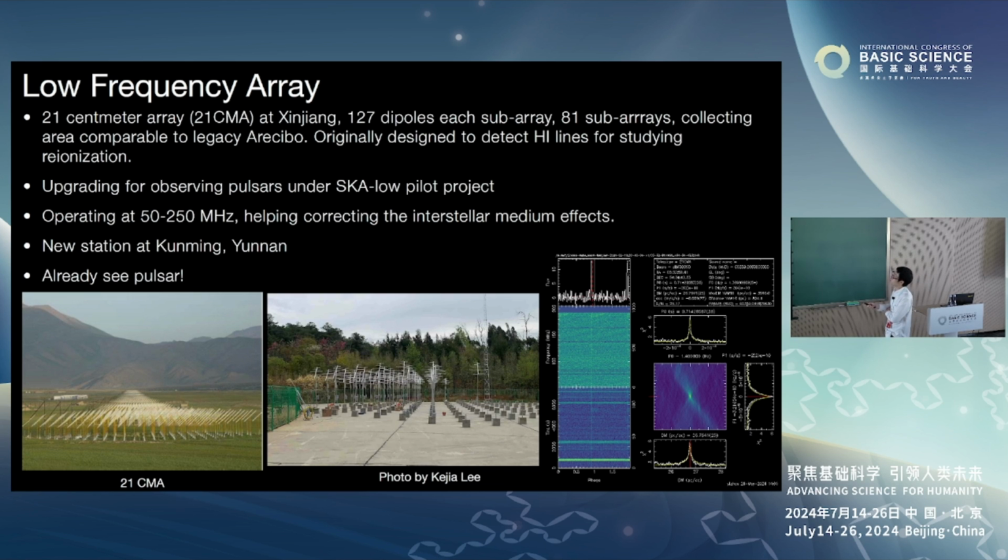This array was originally built for detecting hydrogen from high redshift to study reionization. Within the SKA Low pilot project, we are upgrading it to make it capable of observing and timing pulsars. This year, we have used some of its subarrays to observe pulsars. Here is an example. I think we can make some great results with the newly upgraded 21 centimeter array in the near future.